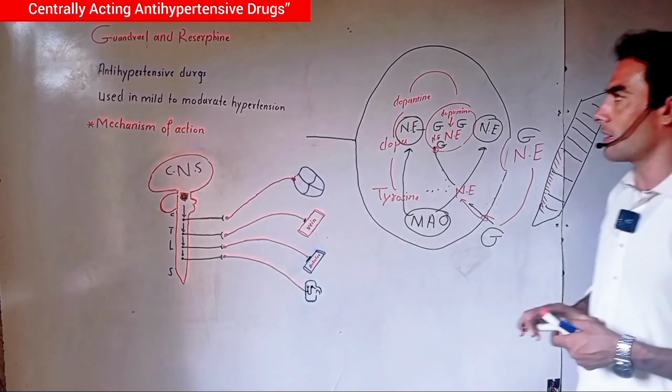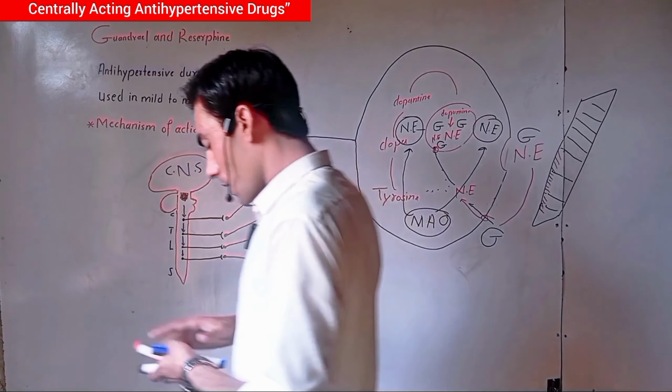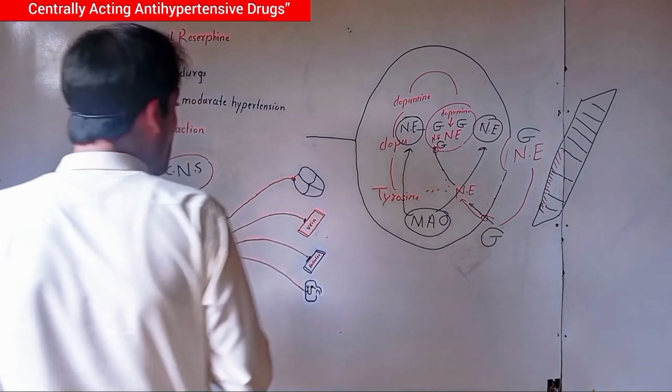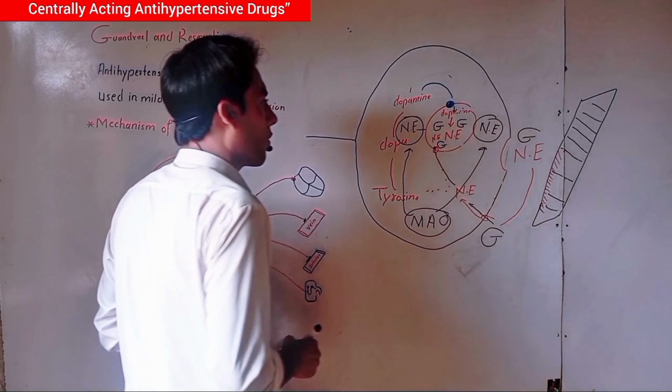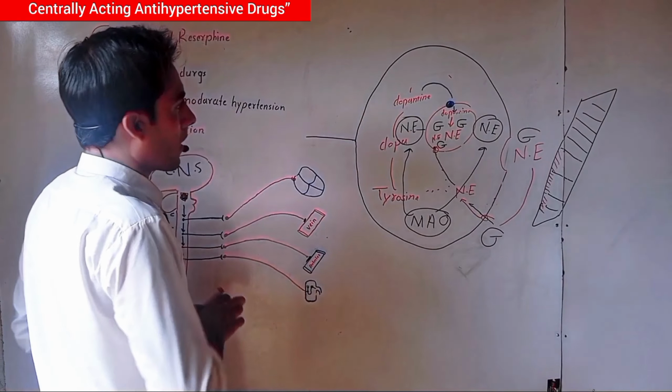Another drug is reserpine. Reserpine also comes into the nerve ending, and it blocks the vesicular transport system through which dopamine enters the vesicle.